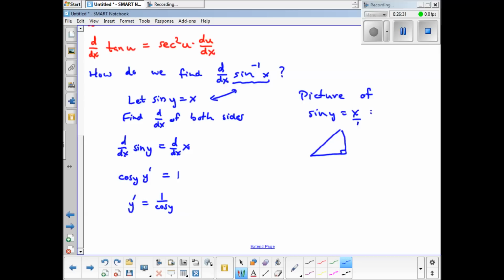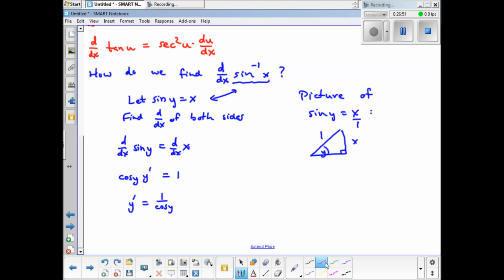Okay, well, it means sine y is x over 1. So I guess the angle here is y, the opposite side is x, and the hypotenuse is 1. Interesting. This is the diagram that represents sine y equals x.